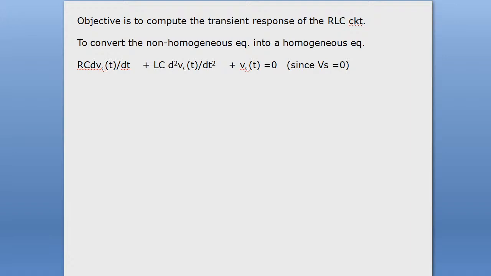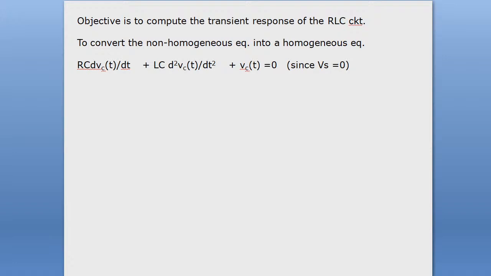If we solve this equation, then we will get a complete solution in terms of VC. And this complete solution has two parts: one is the steady state response and the other is the transient response. And you know that the steady state response is nothing but the supply or external source voltage. So for this case, the steady state voltage will be Vs.